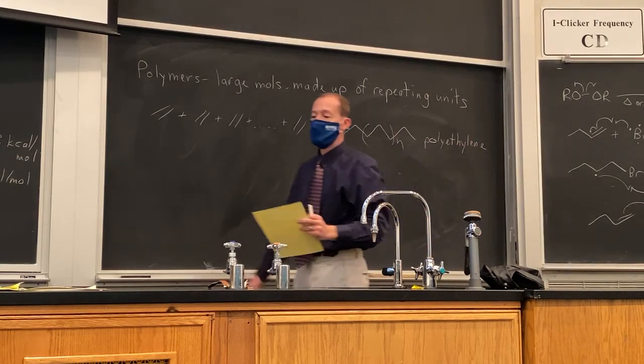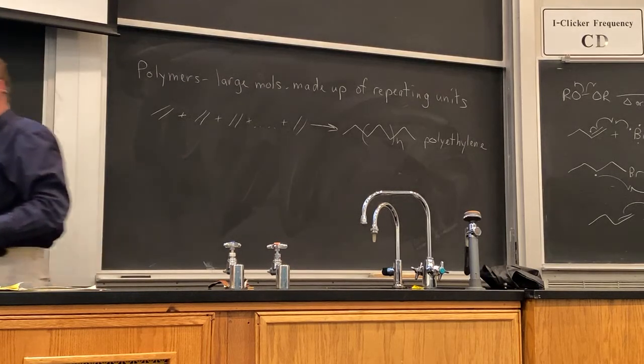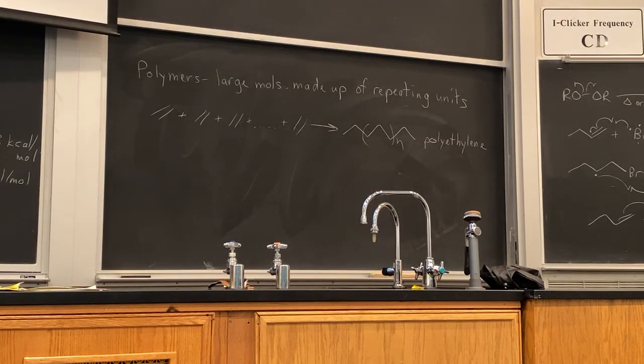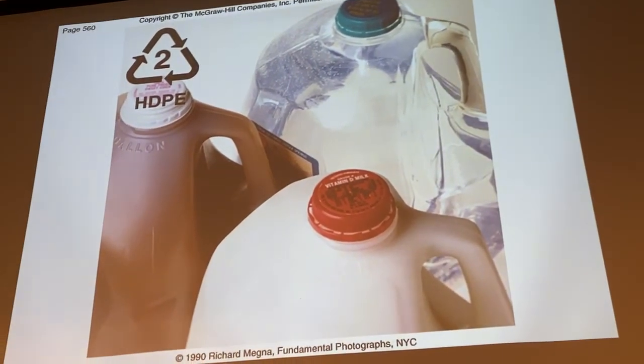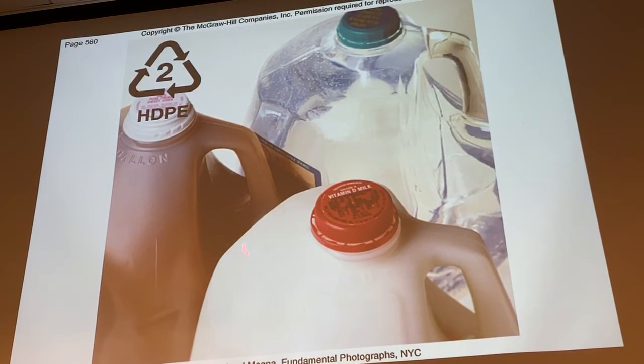Polyethylene is the world's most popular plastic. Here we have on the screen a picture of HDPE, which stands for high density polyethylene. As you can see, it's used to make milk containers and other beverage containers. The 2 inside of this triangle indicates that it's relatively easy to recycle HDPE.